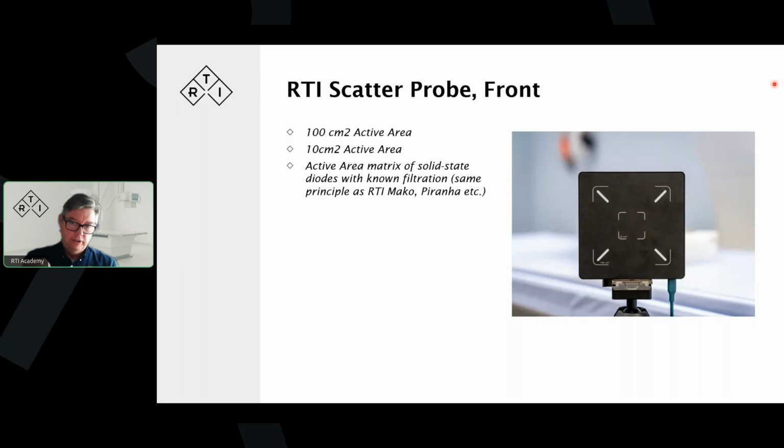So knowing or estimating the energy of the spectrum, we can adjust or compensate for the energy dependence, because we know what the energy dependence is within the kV range for different kV readings.